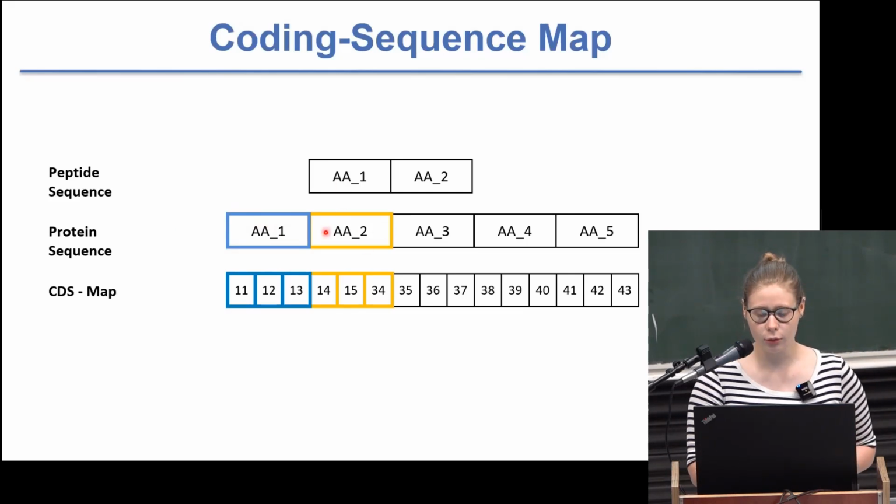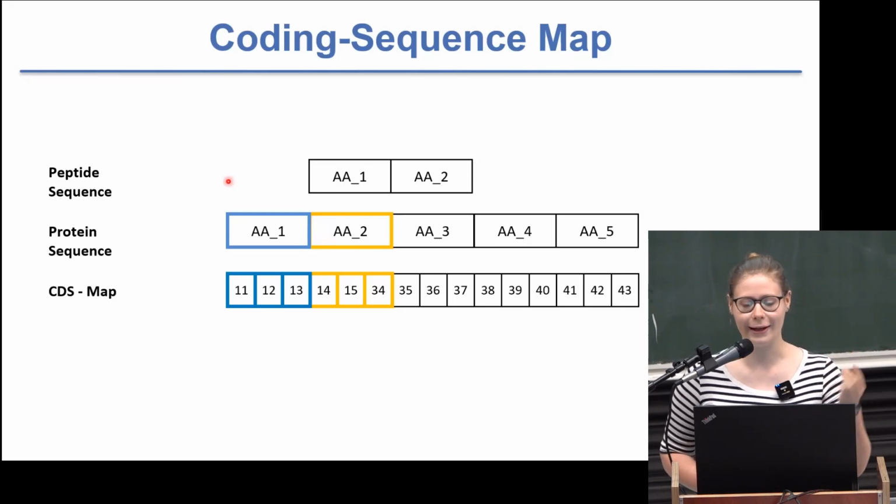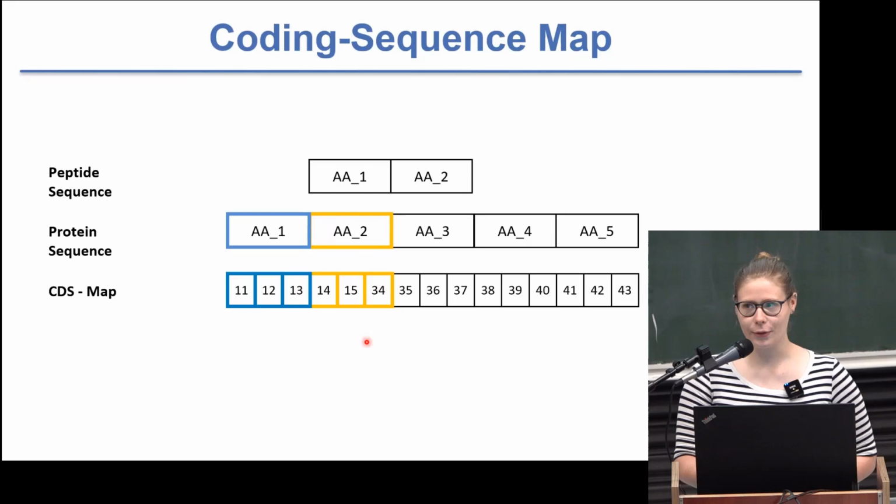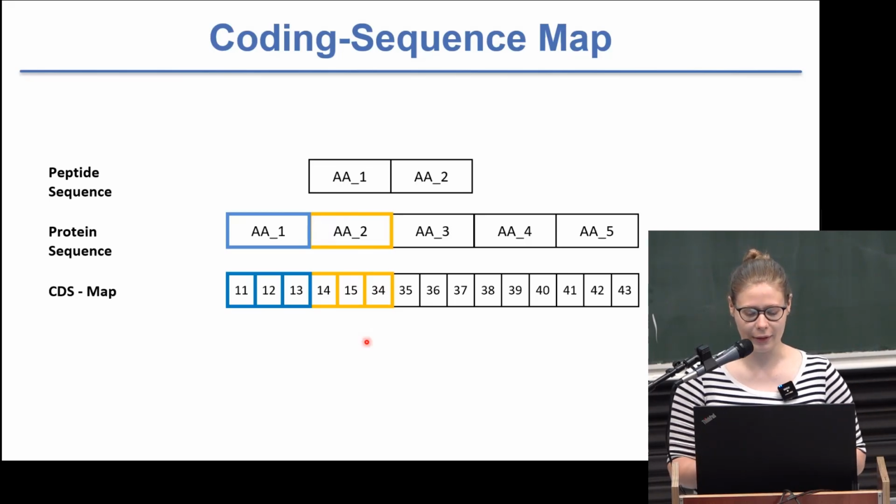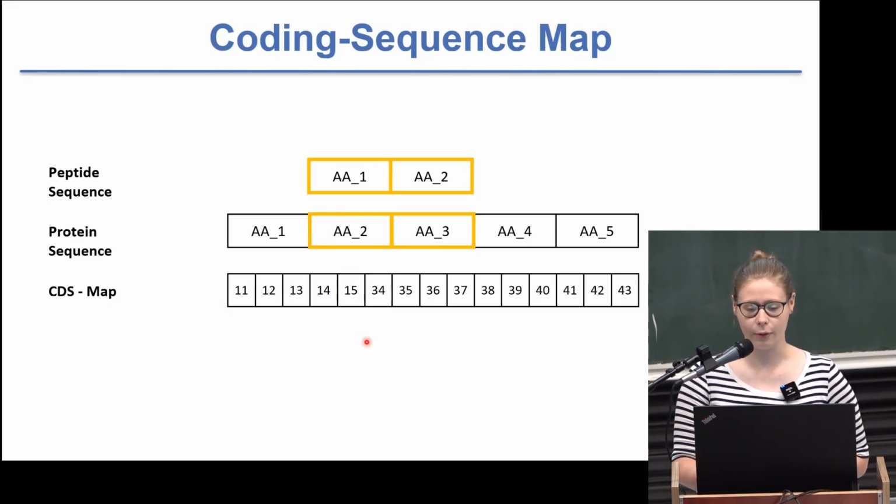And amino acid 2 here is encoded by 3 nucleotides at position 14, 15, and 34. And as you can see precisely here, you would have a splice site, but we can capture it with this array. So if you have this all together, it's very straightforward.